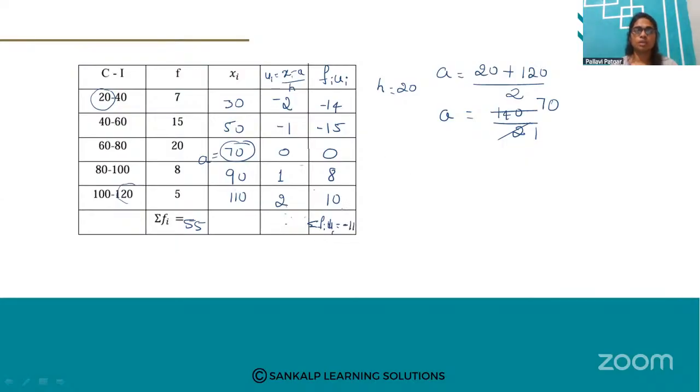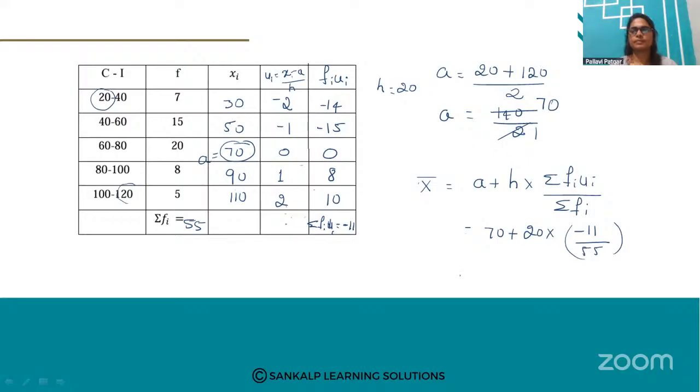Now when we put the values in the formula, x bar is equal to a plus h into summation fi ui divided by summation fi. This is equal to 70 plus 20 into minus 11 divided by 55. Plus times minus becomes minus.